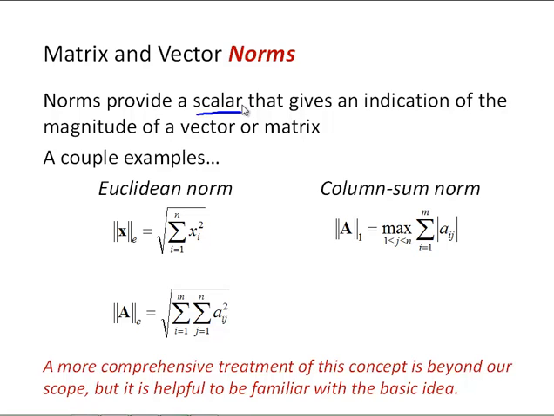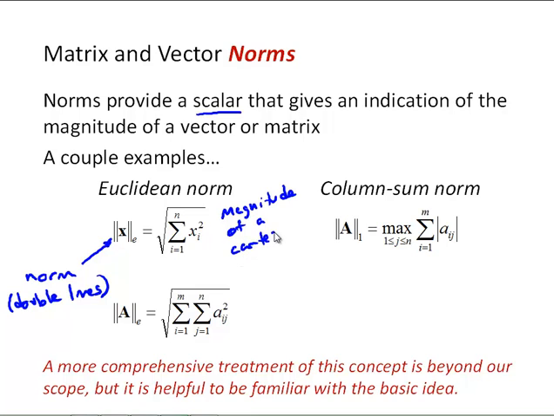There are lots of examples of norms that are useful for different purposes. I've provided a few examples here. The double lines indicate a norm in terms of notation. So the Euclidean norm is something you should be familiar with if you thought of, say, the magnitude of a Cartesian vector.